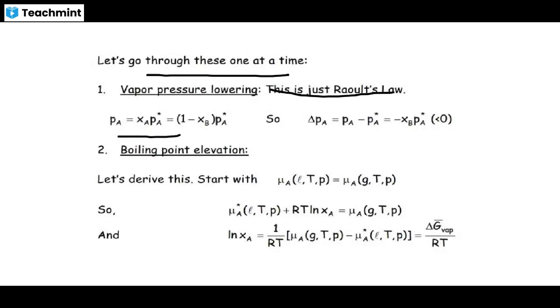Then finally, this is important: it is like PV equals nRT, the ideal gas law. Here pi equals nB RT divided by V, where pi is the osmotic pressure. This looks like the ideal gas law. If you replace C bar equal to NB by V, this is the molar concentration, moles per volume, then you get the van 't Hoff equation.